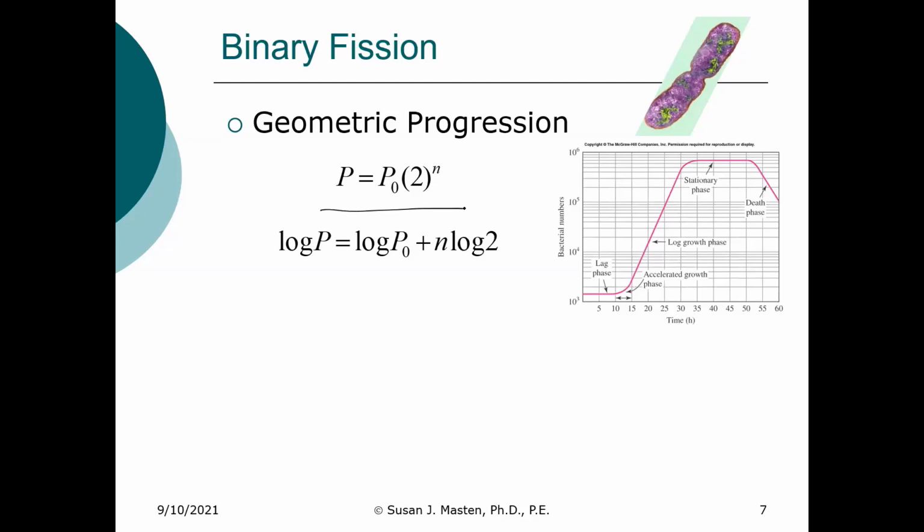And the equation is that the population is equal to the initial population, which is typically at this point here after the accelerated growth phase, times 2 to the n, where n equals the number of generations.